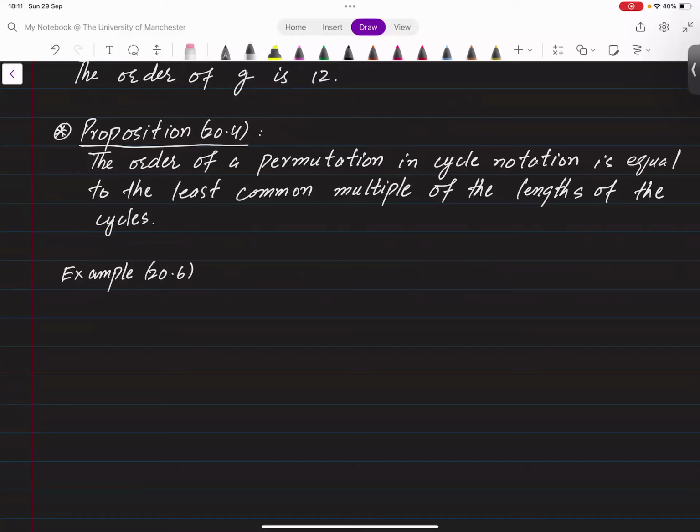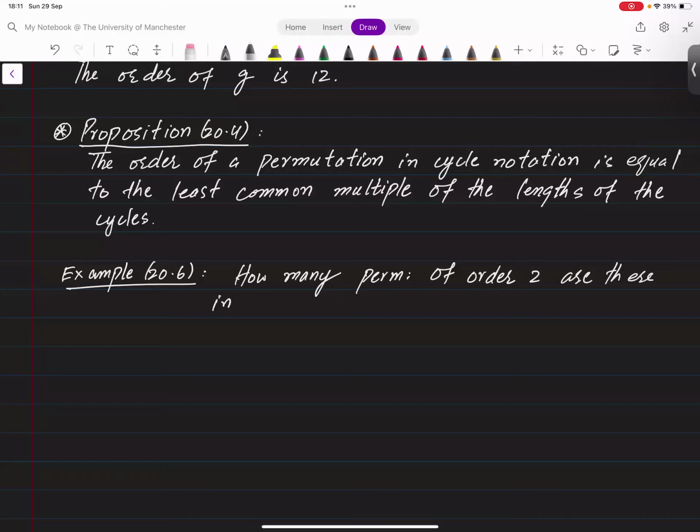Now, an example, 20.6. How many permutations of order 2 are there in S5? You can solve this.